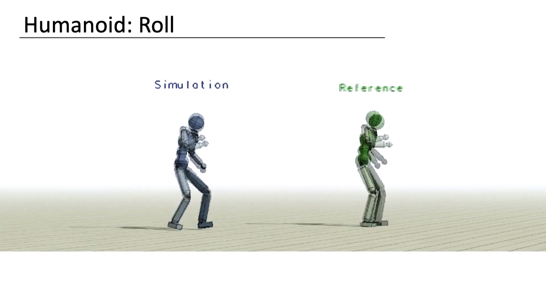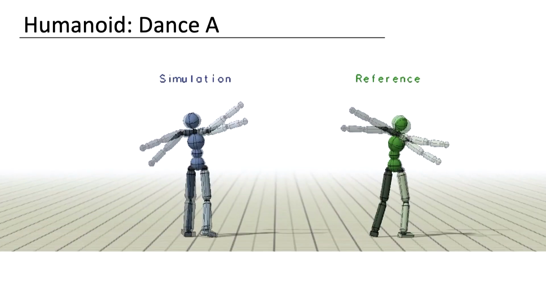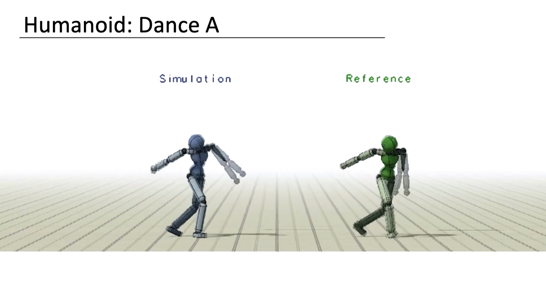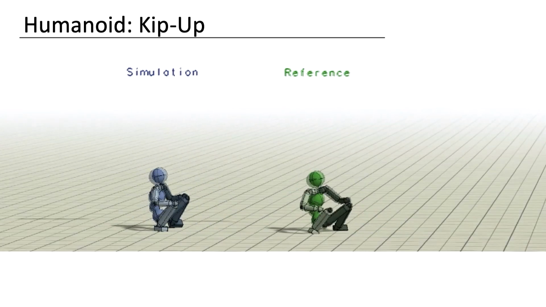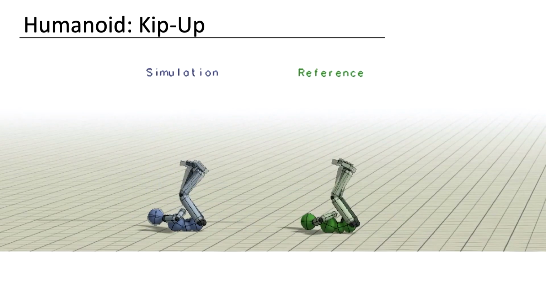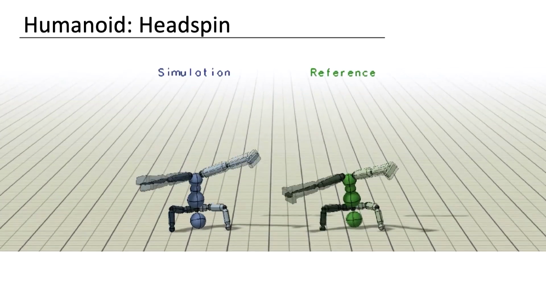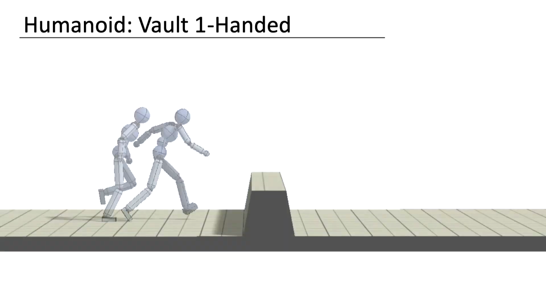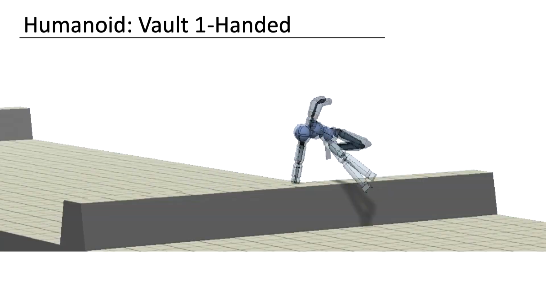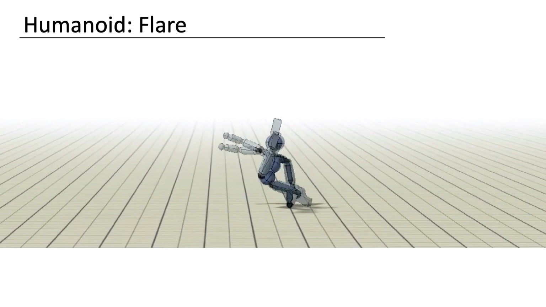It's then able to learn a pretty diverse set of skills. Okay, we can get a character to dance. Here's a kip up. And a head spin. You can get the character to vault. And to do a little bit of breakdancing.